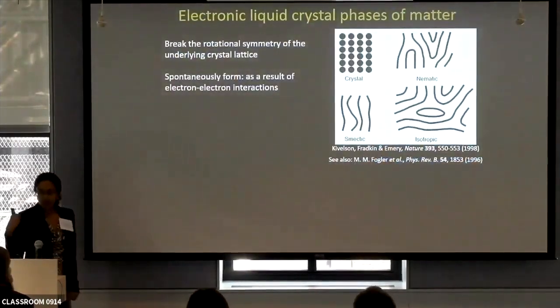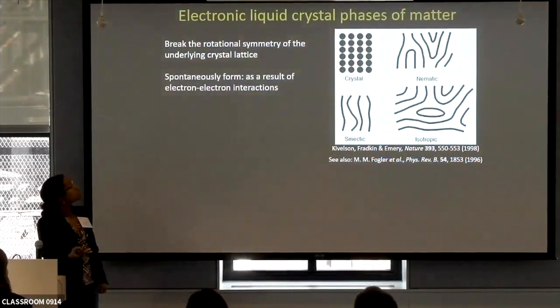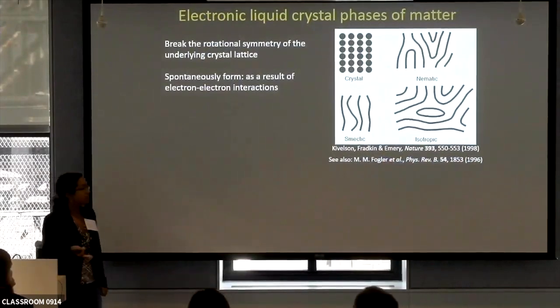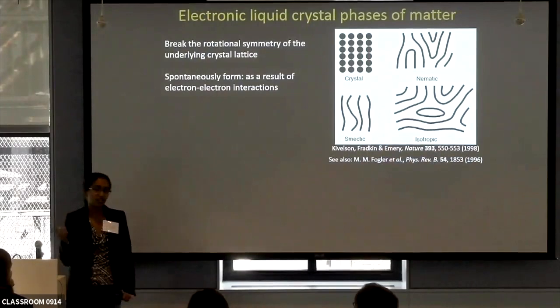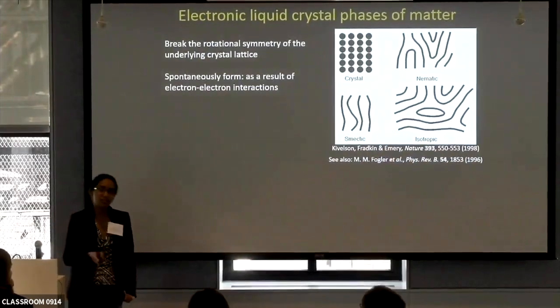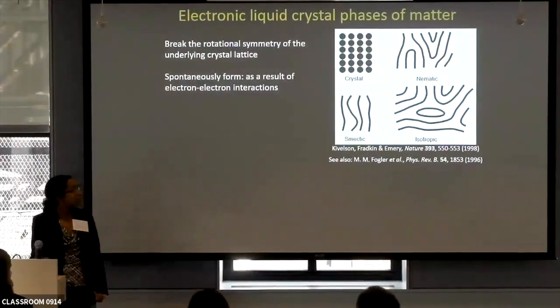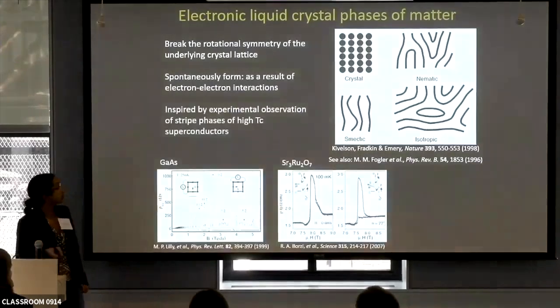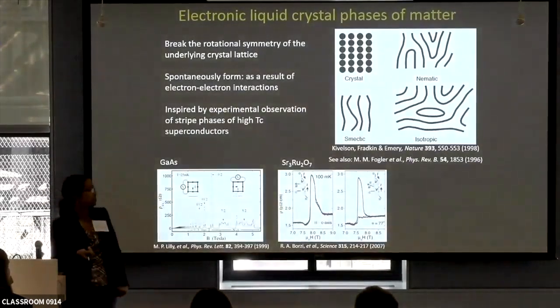So just briefly, nematic electronic states are states that break the rotational symmetry of the underlying crystal lattice. And these are analogous to classical liquid crystal phases. These nematic states were first proposed and inspired by the observation of stripe phases in high-temperature superconductors.